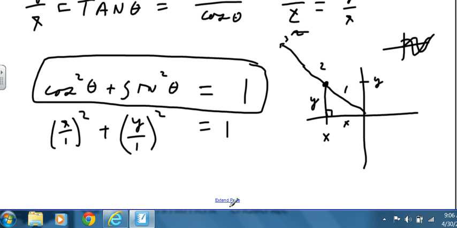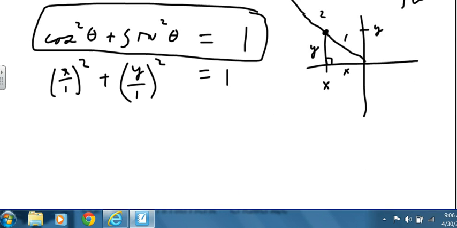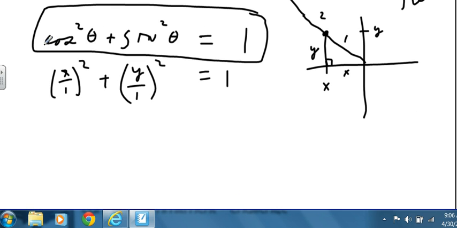And then I can divide both sides by cosine squared, for example. And if I did, I'd have 1 plus the tangent squared theta is equal to 1 over cosine squared, which would be secant squared theta.